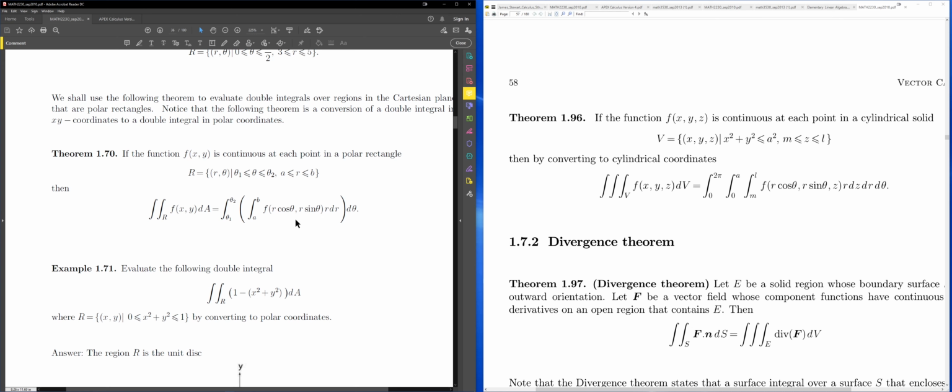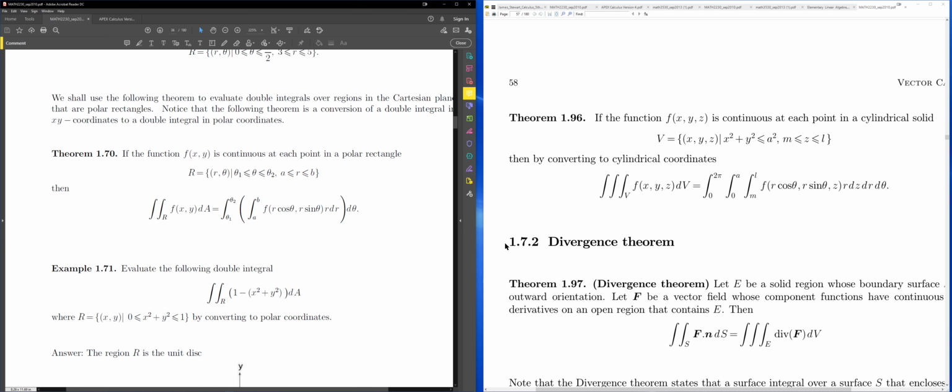You put in the extra r over here, and then the limits of integration came from your description of your region R as a polar rectangle. So you're able to figure out the limits for r here and for theta over here. And you're doing something similar across here: x is r cos theta, y is equal to r sine theta, and z is equal to z, and so on.